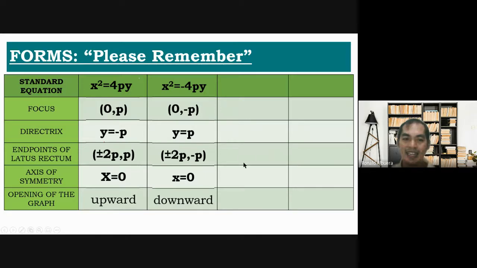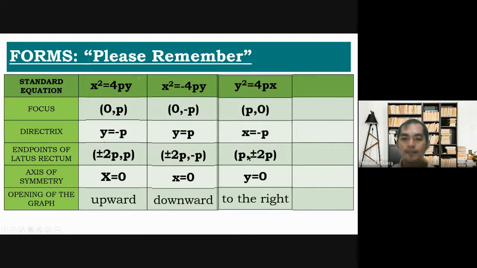It's a line. How about if the graph opens to the right? So we have the standard equation y squared equals 4px, and the focus has coordinates (p, 0). The directrix, it's also a line, so we have x equals negative p. The endpoints of the latus rectum have coordinates (p, ±2p). Why 2p?